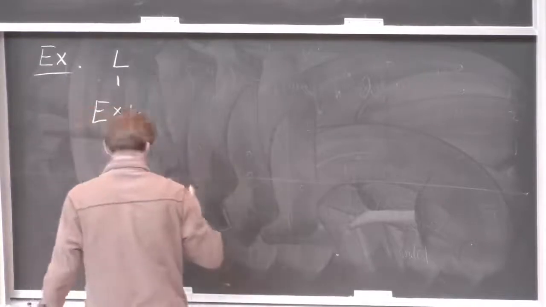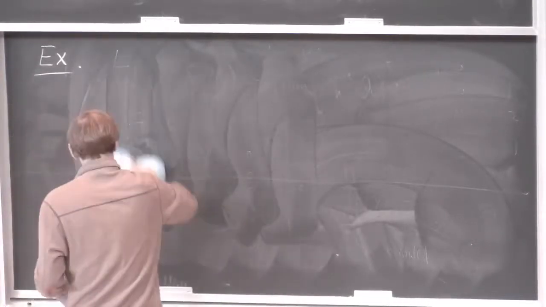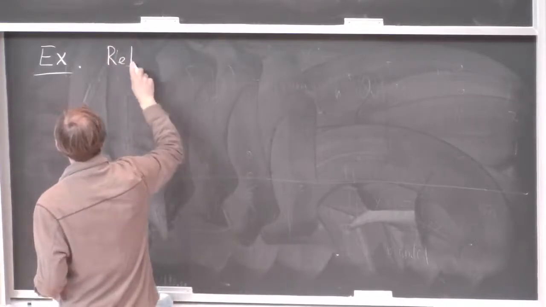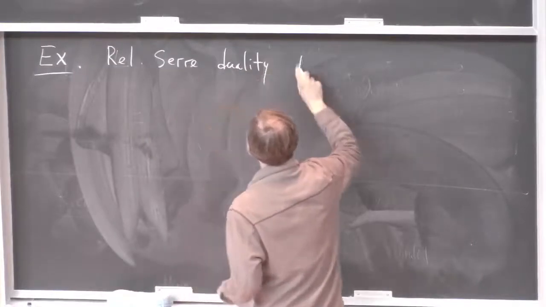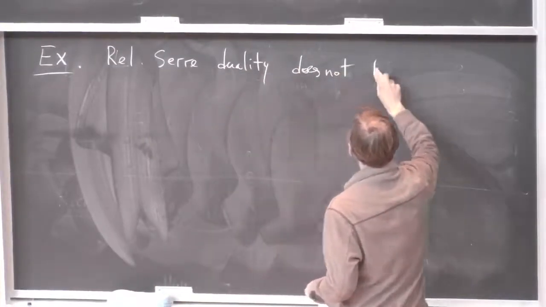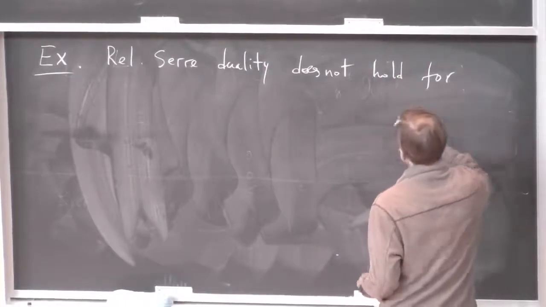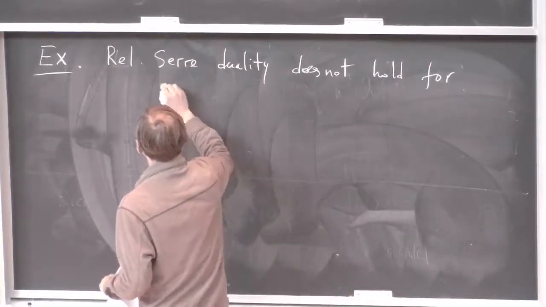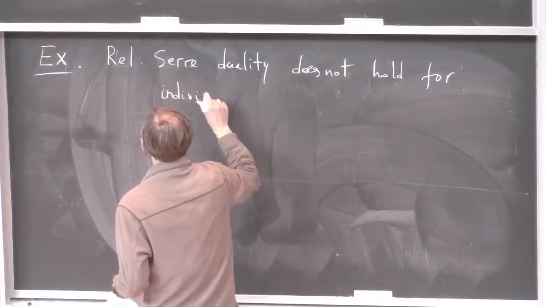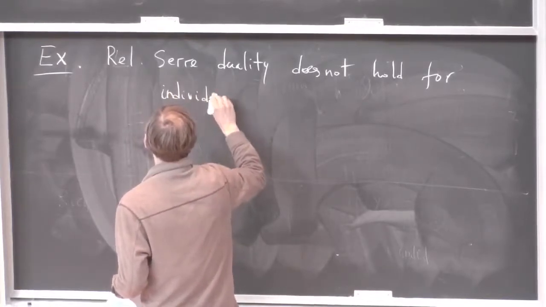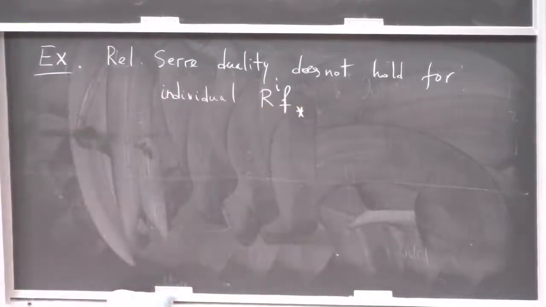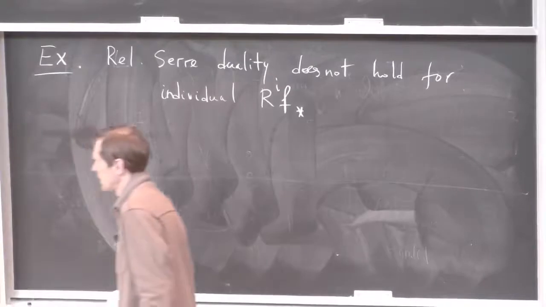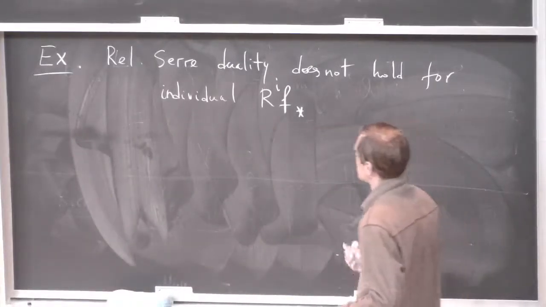This example illustrates that relative Serre duality does not hold for individual higher derived functors. You only need to take this full derived functor, which is an object of the derived category of Y, and then the dual will behave correctly.